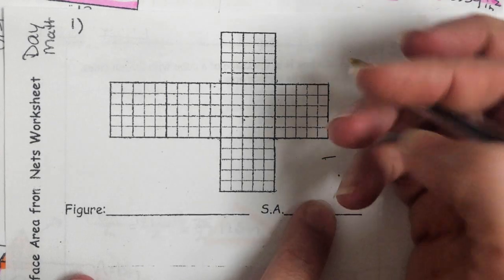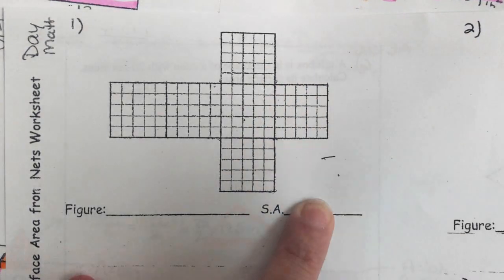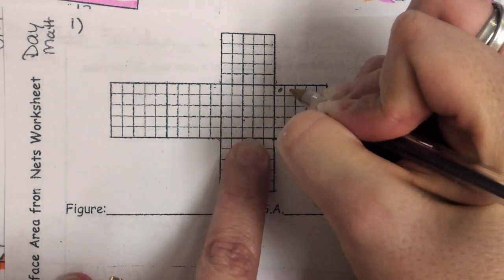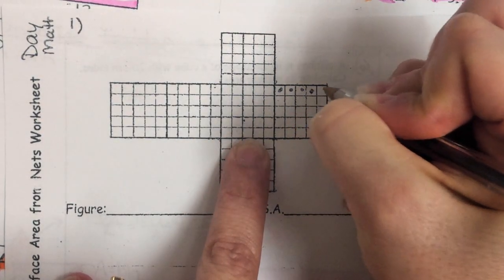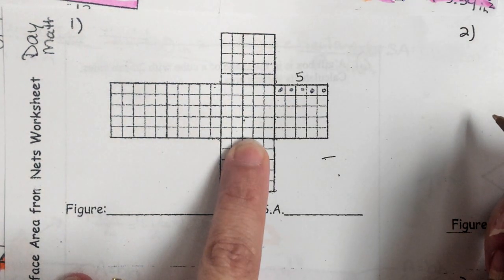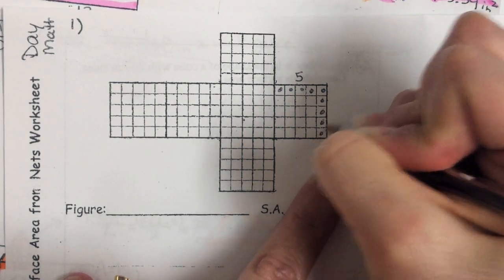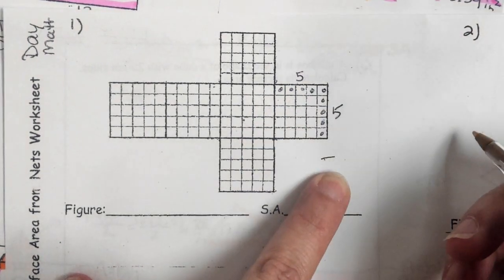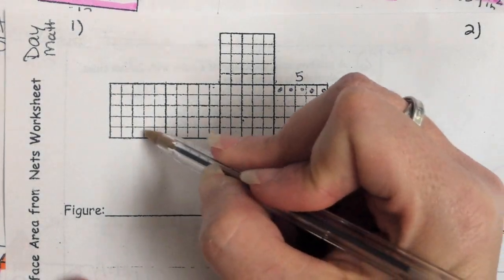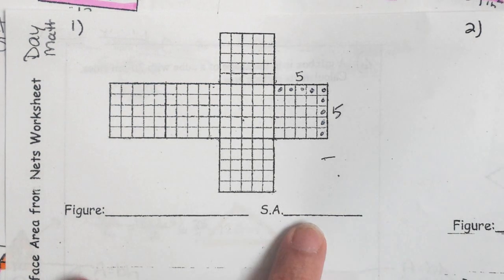When we find a square or a rectangle, we know it's base times height. Count however many boxes it is going across. Count how many are going down. And then make sure that it is the same all the way around to do the math. Nothing changes. It's just cute boxes.